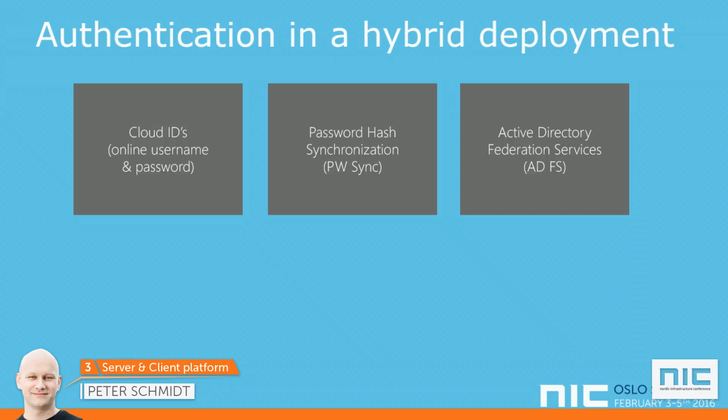Briefly around authentication in Office 365. When we're talking hybrid and what I've been through so far, we talk about putting the objects we have on-prem into the cloud. The other option, which I also referred to a bit in the cutover, is the cloud identities.